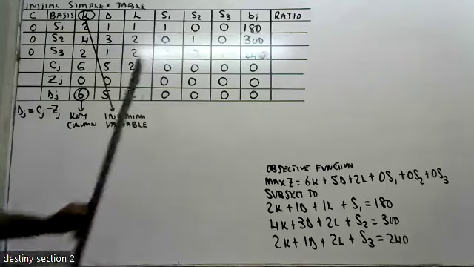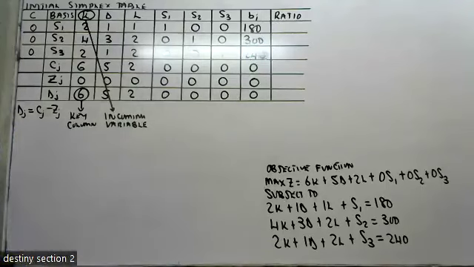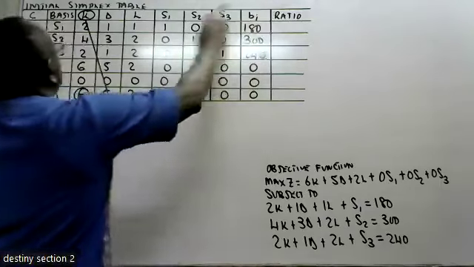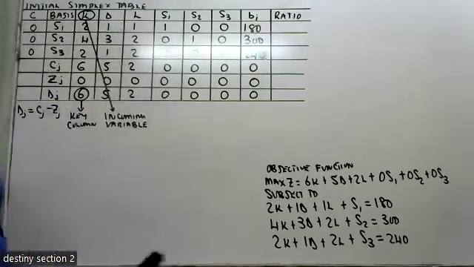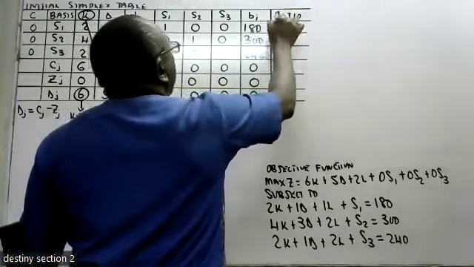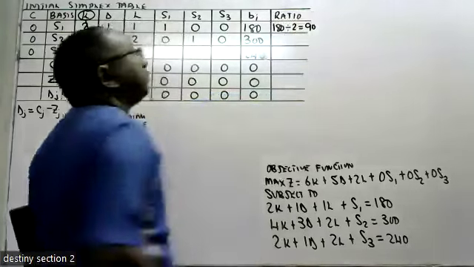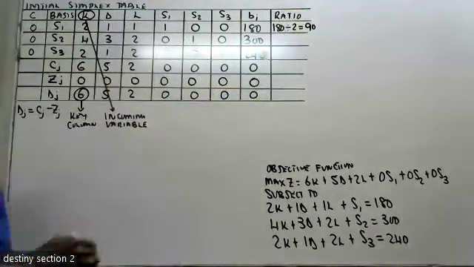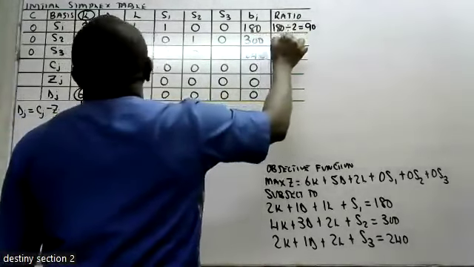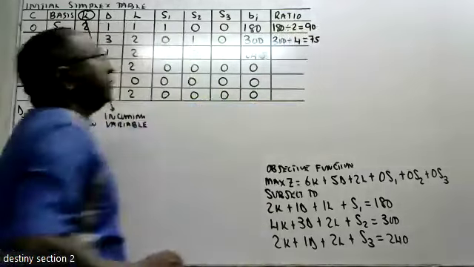From there, you get the ratio. The ratio is obtained by taking this value and dividing by the values in the key column. So 180 divided by 2 is 90. This other one is 300 divided by 4, that is 75.